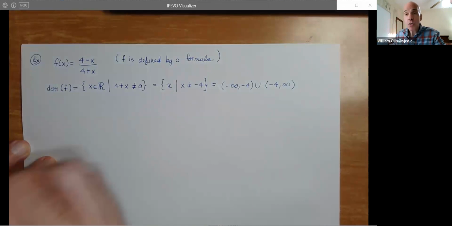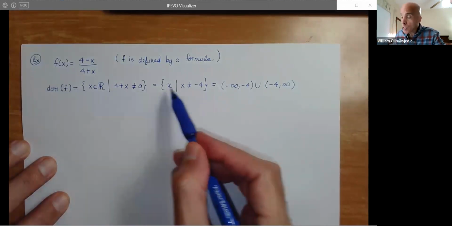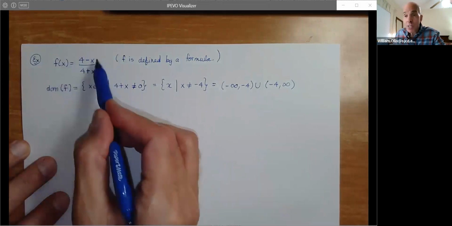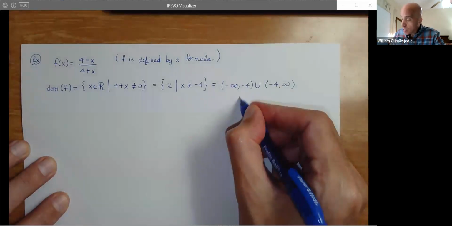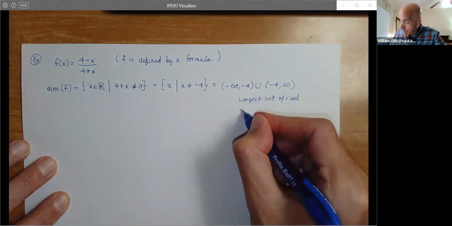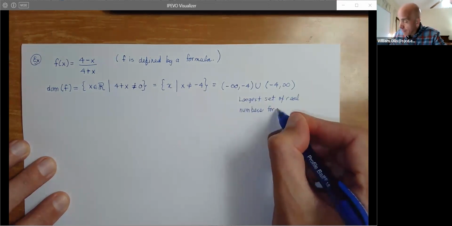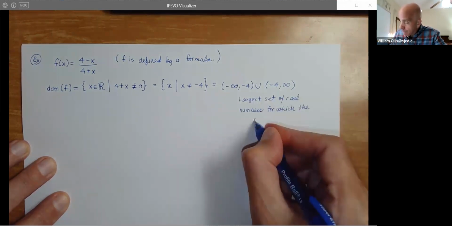So when we do the real valued function of a real variable, we're looking for the largest set of real numbers for which the output is real.